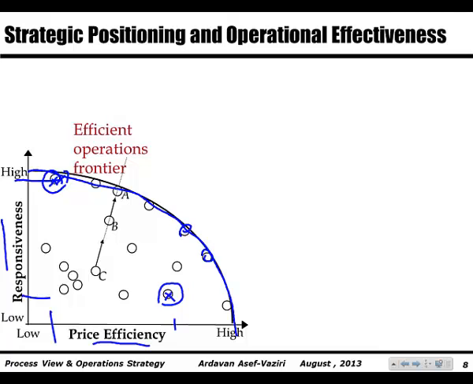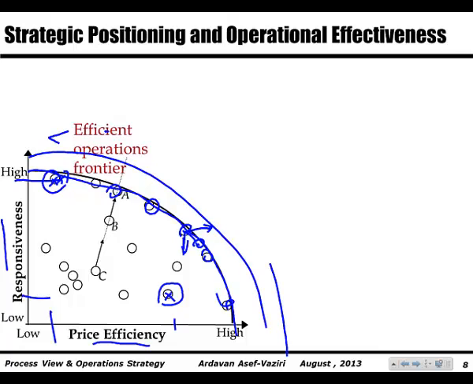World-class organizations are here. If they want to change their situation, if they want to reduce their costs and move in this direction, they don't have any other choice than to move in this direction and go here, unless they can push the efficient frontier upward. And that is what technology does.